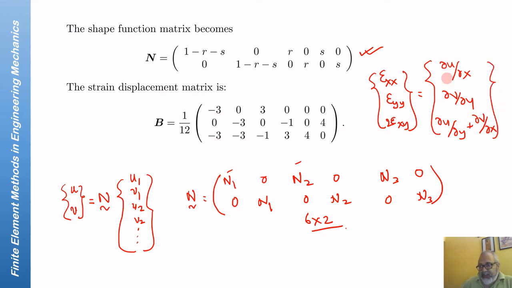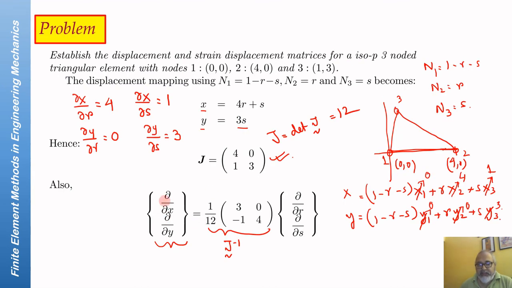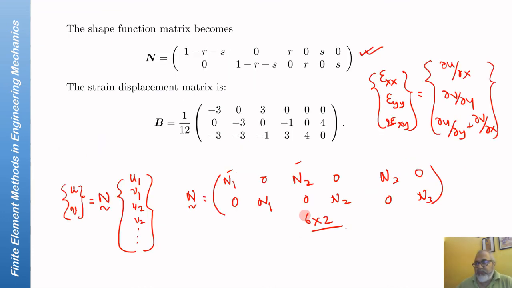And each of these del x, del y would be governed by the relation you have. So del x, this we call gamma generally, del x would be gamma 1 1 del r plus gamma 1 2 del s. Del y would be gamma 2 1 del r plus gamma 2 2 del s. And you have to use those relations here to get the B matrix, which I'm sure you can do on your own.